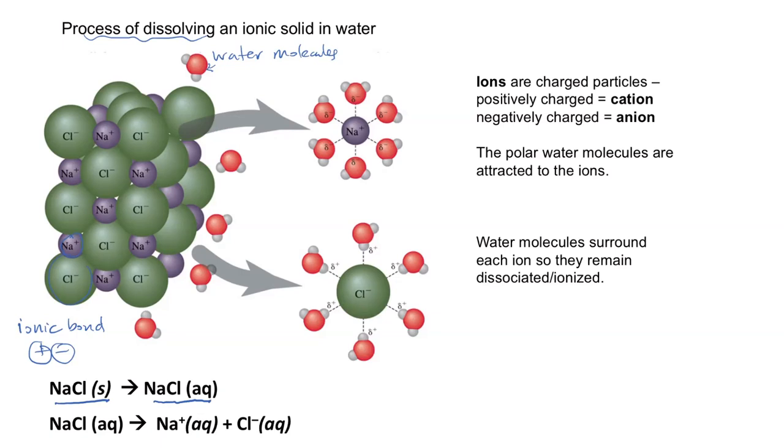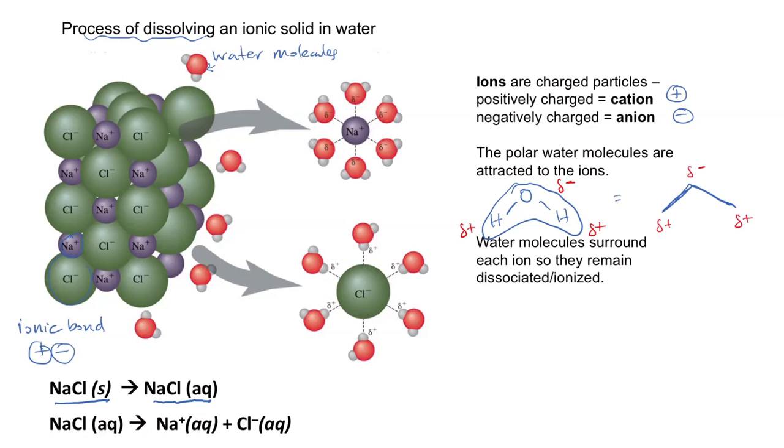So the way this happens is because those ions are positive and negative charges, and the water molecule has the oxygen and 2 hydrogens, and it has that overall V shape. So the water molecule has the negative end and the positive end. Or another way to draw this more simply is just this V, with the negative end as the pointed end and the positive end as the open end.